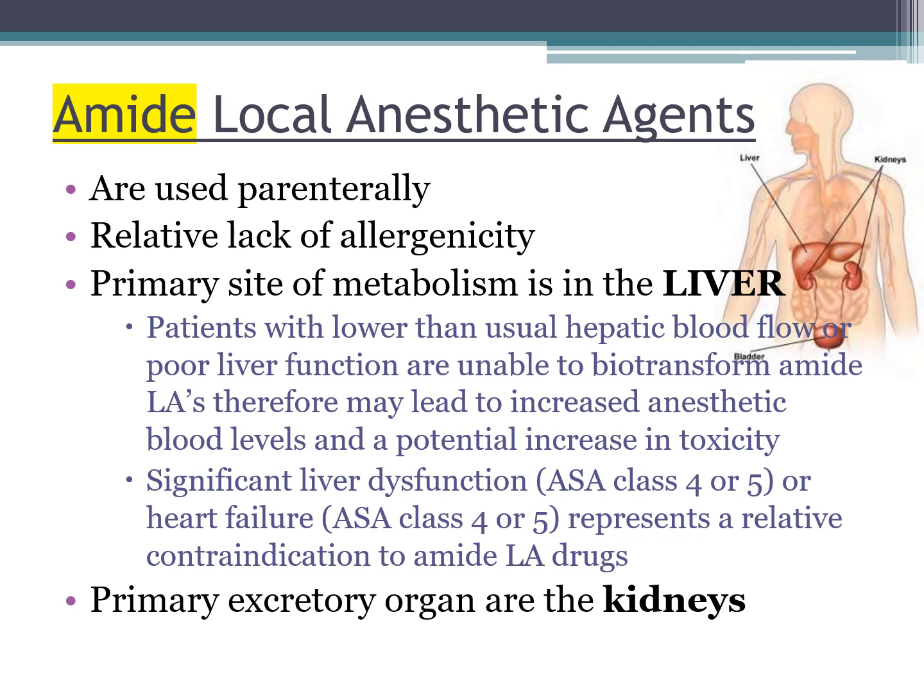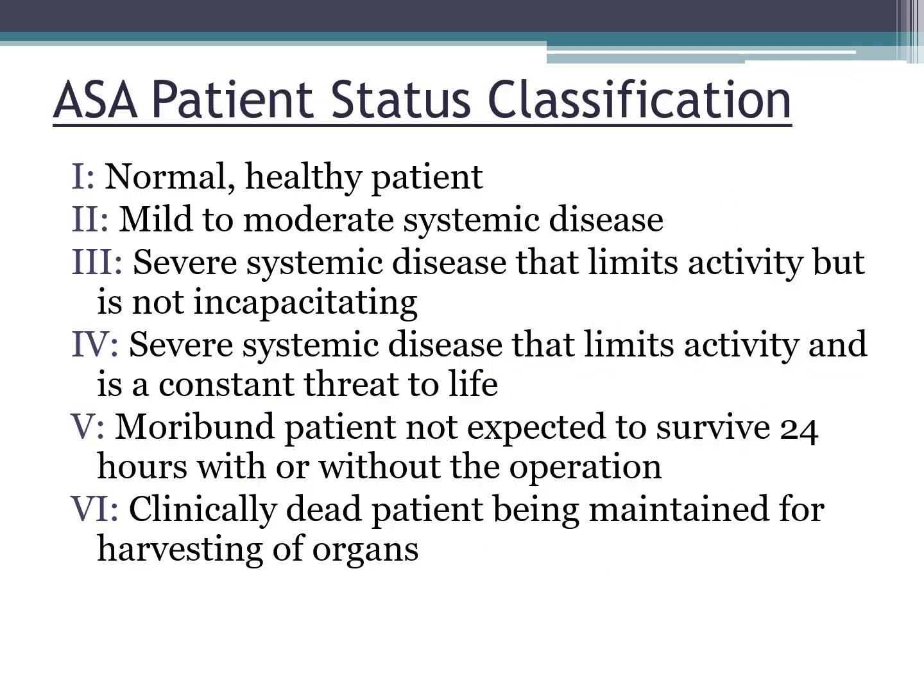So, if your patient has significant liver dysfunction, an American Society of Anesthesiologists classification of 4 or 5, or heart failure, an ASA classification of 4 or 5, this represents a contraindication to the amide local anesthetic drug. Primary excretory organs are the kidneys.